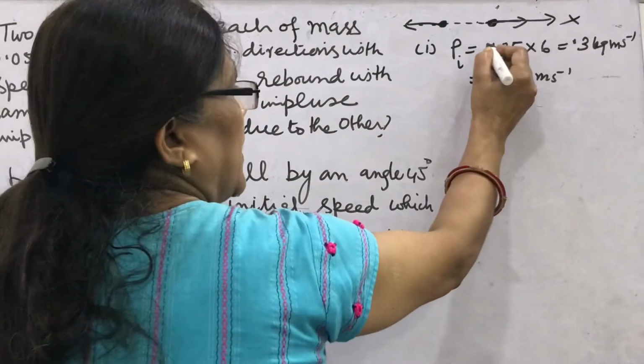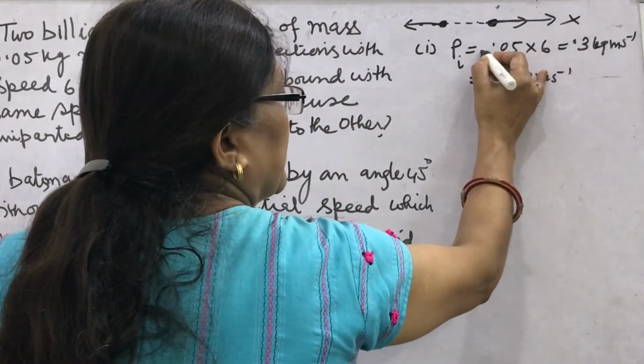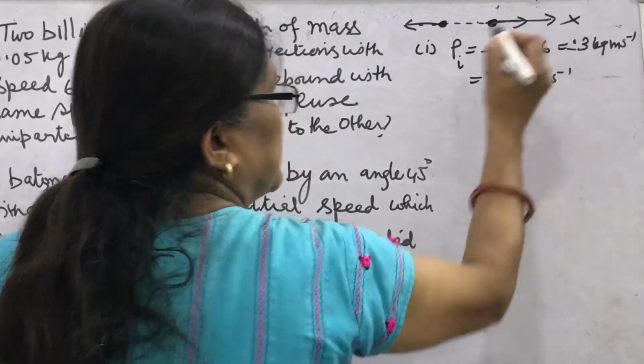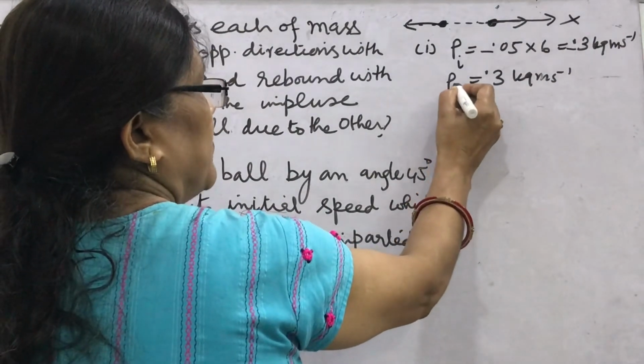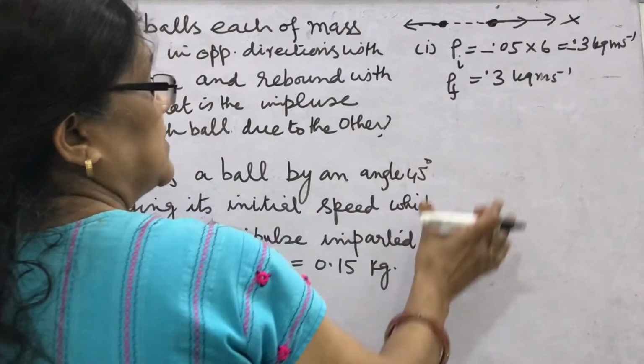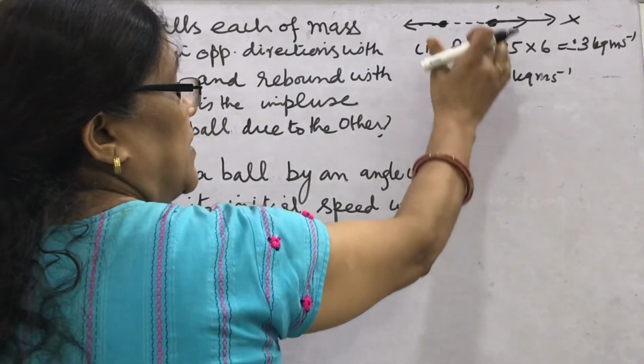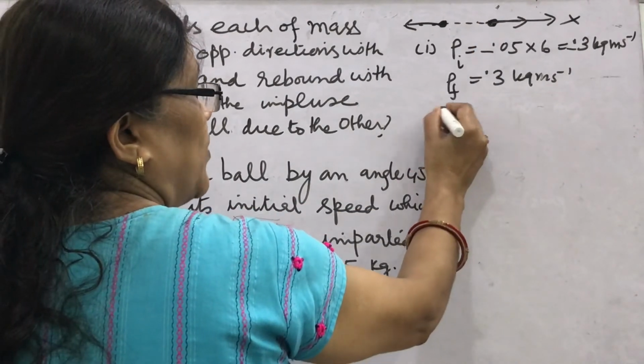So here, since this is the velocity in the negative direction, you have to put a minus sign here, and here this is a minus sign, and after rebounding, what we have observed, they are moving in such a way. How will you find the change in momentum?